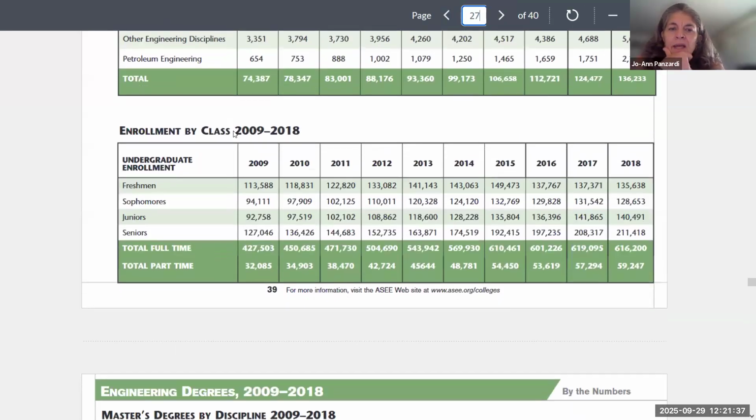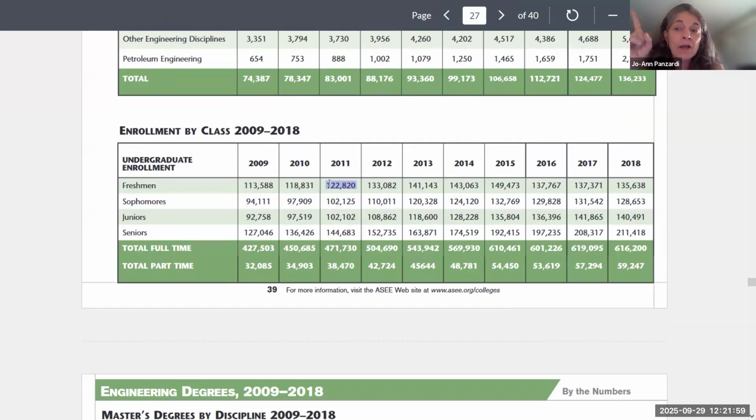So they're looking at data that goes from 2009 to 2018. Okay. So let's say a freshman went from high school to a university. And how many students were engineering? This is all engineering only.